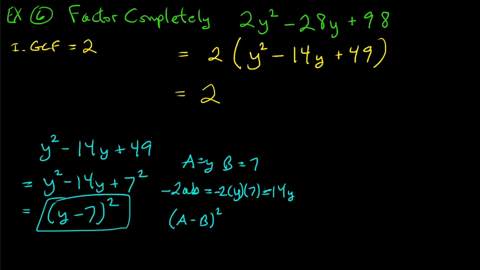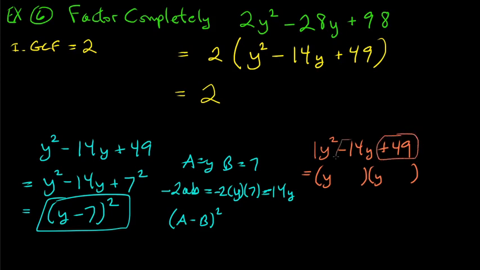If that was too quick or you didn't get it, I'm going to do it again. I'll do it over here. Just by the usual, well, you can use the AC method, of course. But in this case, since a is 1, it's just y times y is 1. So what two numbers multiply to 49 and add to negative 14? Well, 49 is negative 1 times negative 49, but that adds to negative 50.